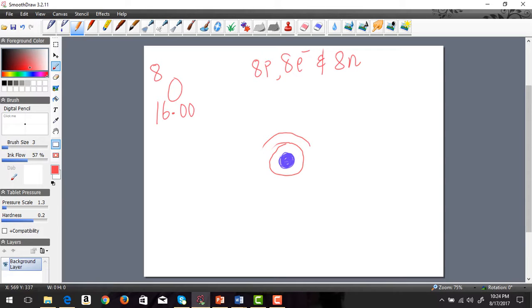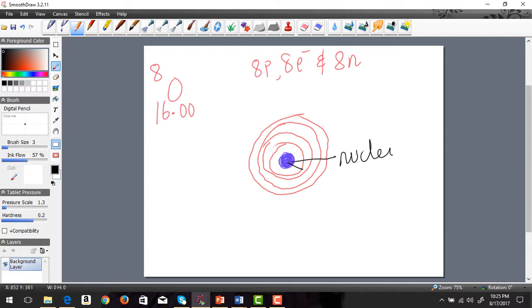How many there are will vary from one element to the other. I'm having real trouble drawing these circles. I wish there was a circle app on Wacom Bamboo. Unfortunately, there is none. All right, so that's a fantastic looking artwork right there. I'm going to give myself credit here because I was able to draw circles using my little pen here. So this is also known as the nucleus.